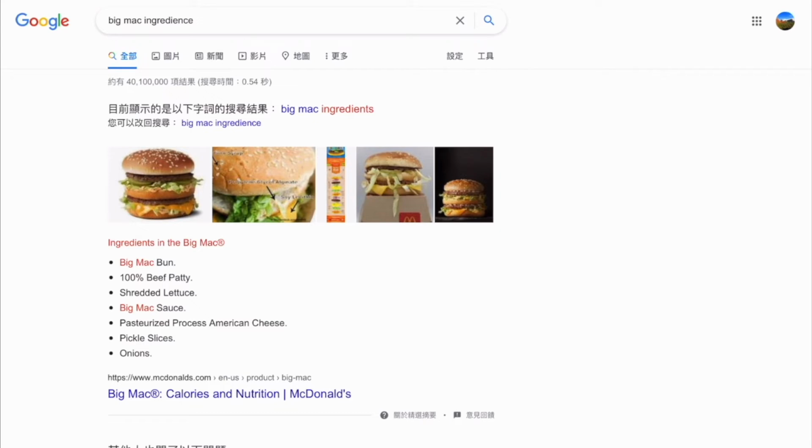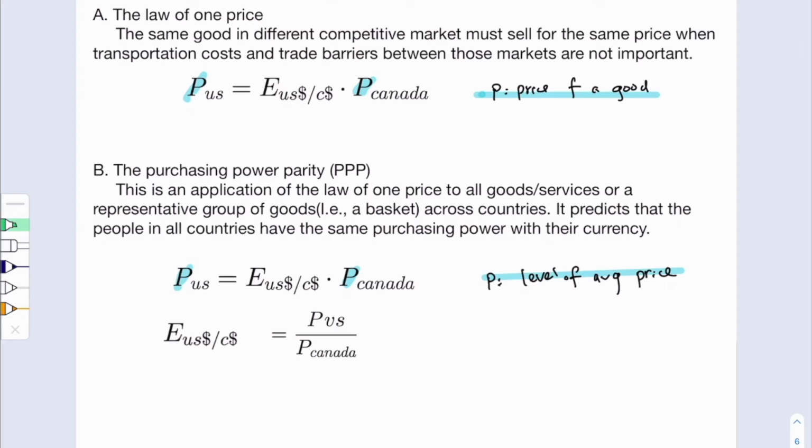So then, if the absolute purchasing power parity can imply an exchange rate, we can use the price of Big Macs sold across countries to come up with the exchange rate. And that is exactly what The Economist, a journal, did to think about the exchange rate in 1986.